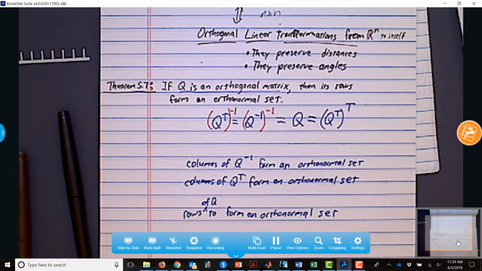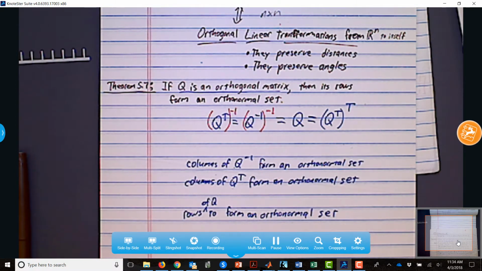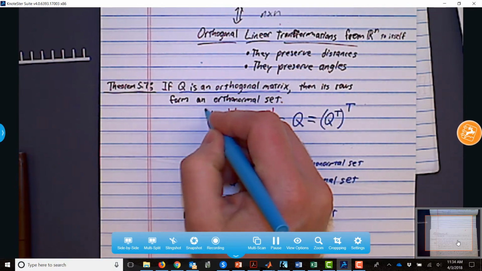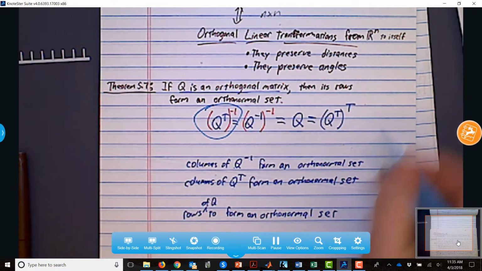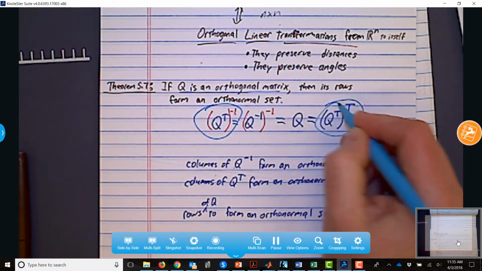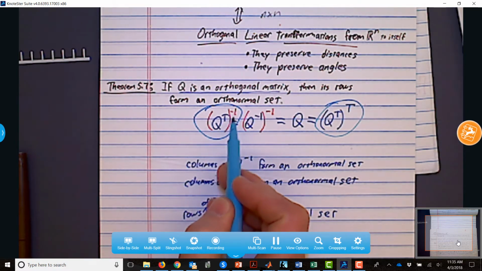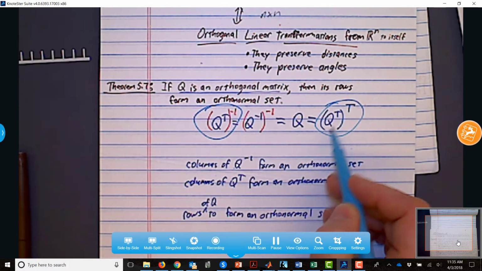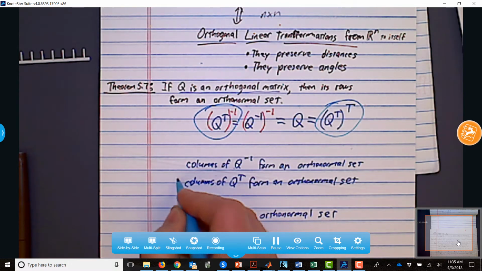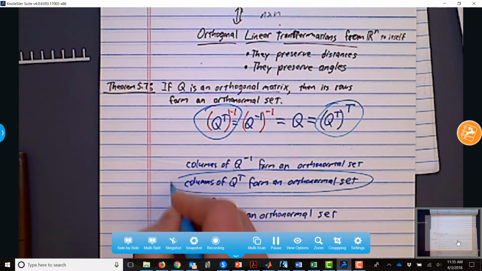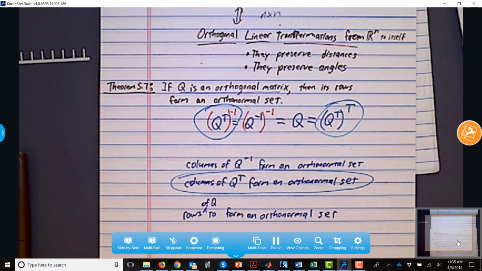So now take a look at these 4 equations, and what you want to do is say, okay, start here and end up here. Q transpose inverse is the same as Q transpose transpose. That shows the columns of Q transpose form an orthonormal set. It shows that Q transpose is orthogonal.